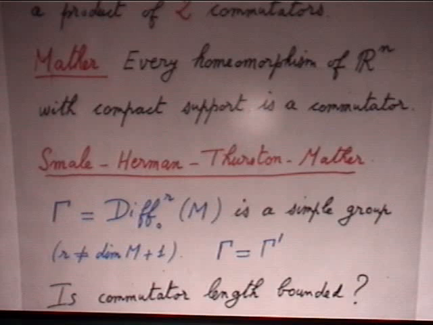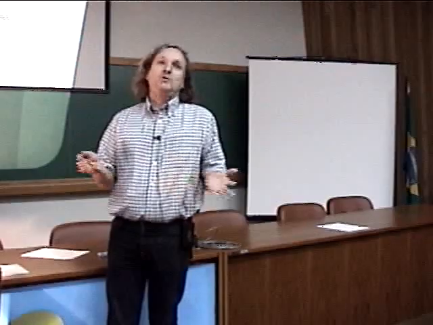So any diffeomorphism isotopic to the identity of any compact manifold can be written as a product of some commutators. How many? We don't know.